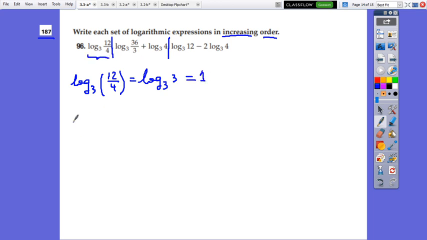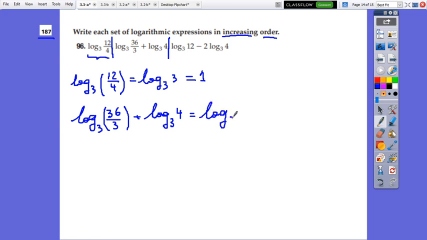I take the second one and condense it: log base 3 of 36 over 3 plus log base 3 of 4. Simplifying inside, 36 over 3 is 12, plus log base 3 of 4.